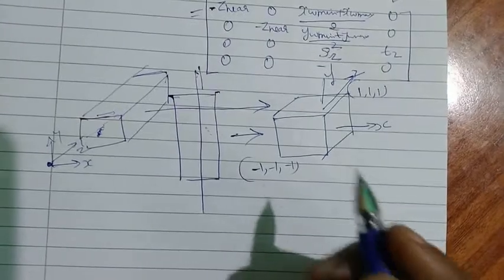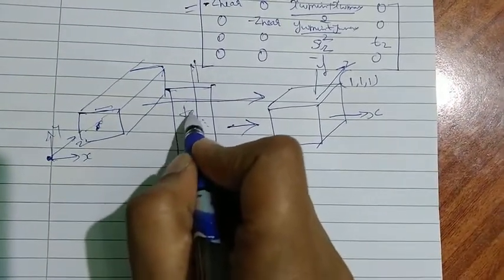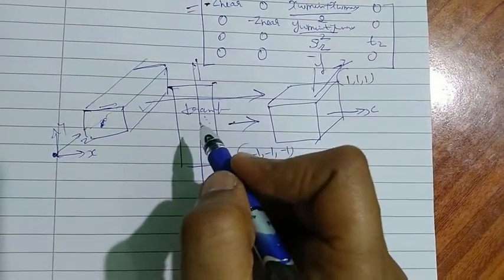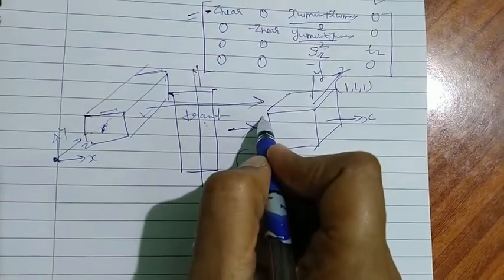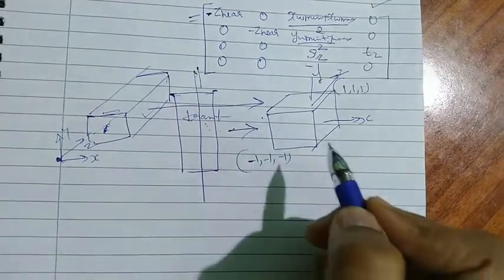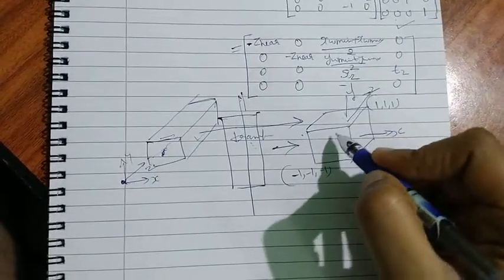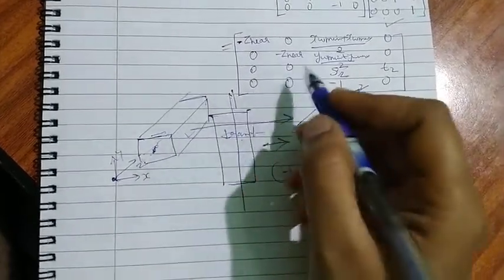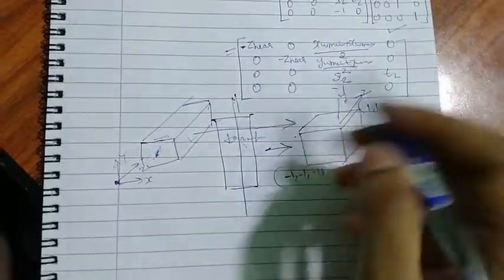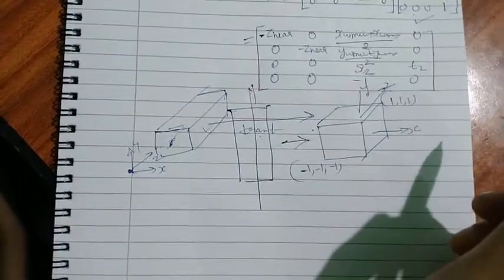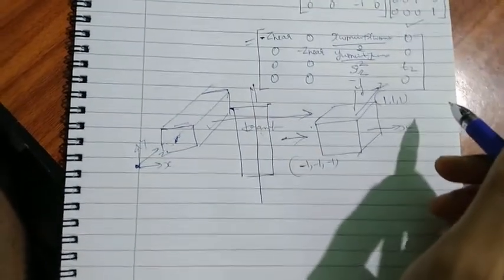So we are supposed to perform a transformation of whatever object is defined within this to a cube of -1 to +1 range. As you can see here, the view is oriented in the direction of the z-axis. Due to this, we don't have to translate the x and y parameters.